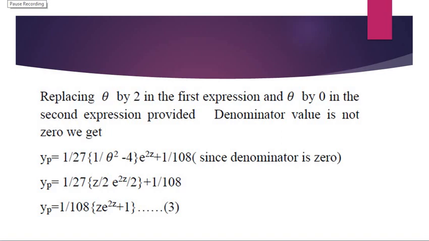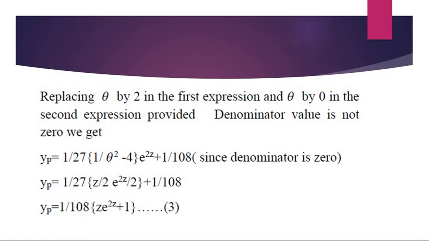Since the first expression contains e power 2z, we may replace theta by 2, and in the second expression 1 by 3 is taken as e power 0z by 3, therefore we can replace theta by 0, if the denominator value is not equal to 0.